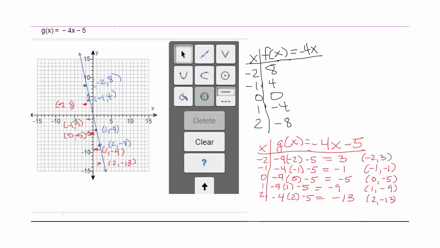Okay, and then we're going to put in our line. And this is a little crooked. Let's see if I can get it straightened out.